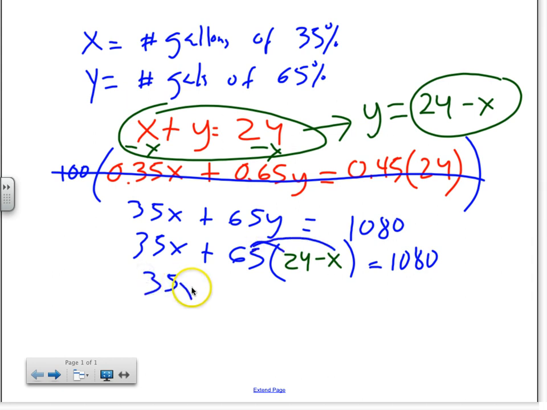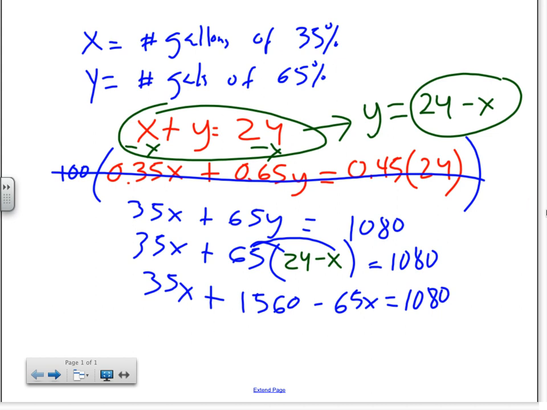You have 35 times x plus, what is 65 times 24 again? 1,560 minus 65x equals 1080, right? Agree? Anyone disagree with that? Well, cool.